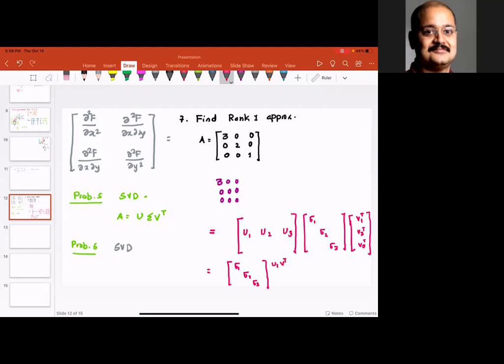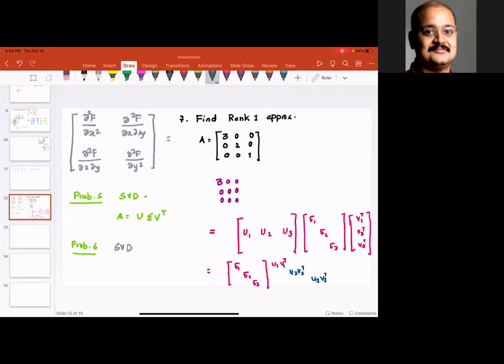So let me write this down like this. Zeros, U2 V2 transpose and U3 V3 transpose.